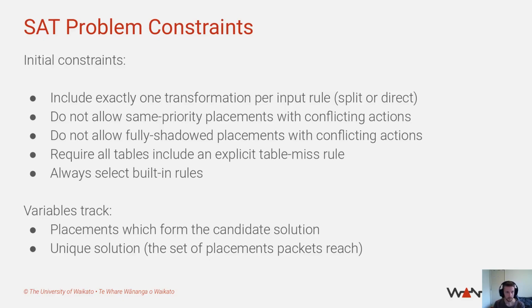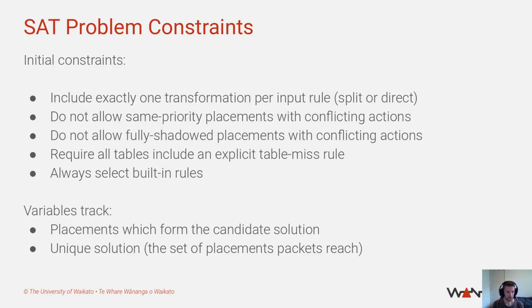We do not allow fully shadowed placements with conflicting actions because that would be redundant. We also ensure that all tables require an explicit table miss rule, and we select all built-in rules. So fixed function pipelines might have built-in default behavior that you cannot override, and these must always be selected.